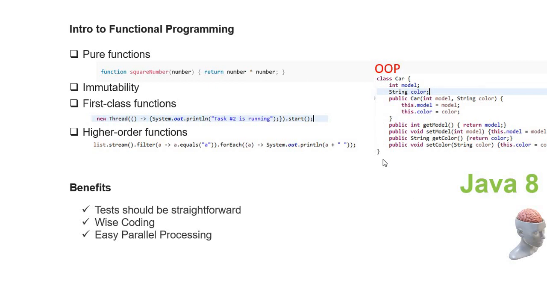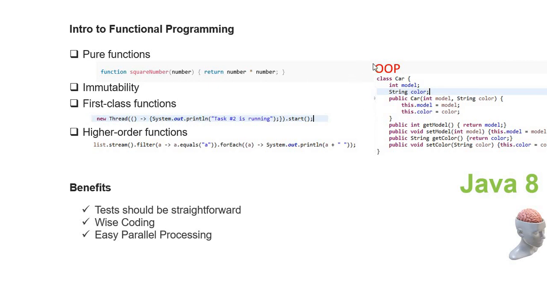We think of everything as an object, like a car, and the object has its own properties and behaviors. The behaviors change the values, the state of the properties.